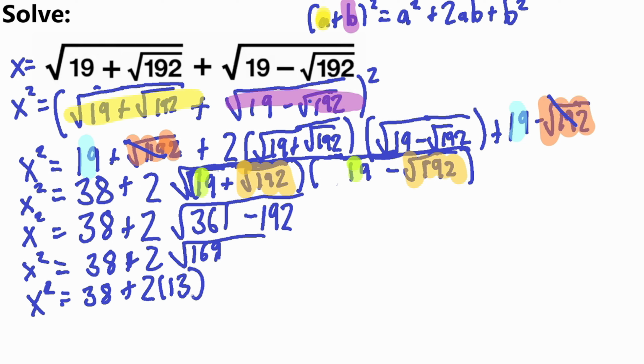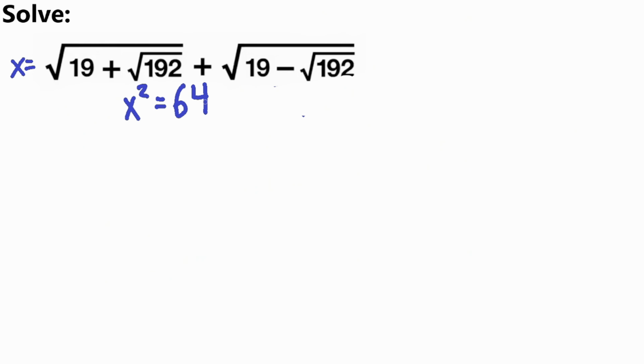And now all I have to do is simply simplify until we get our answer. So x squared is equal to 38 plus 26. That's 2 times 13. And that is equal to 64. So we got that x squared is equal to 64.